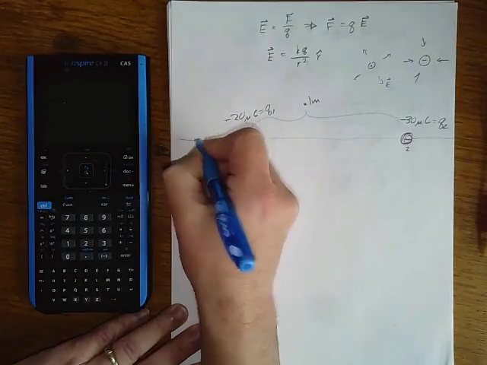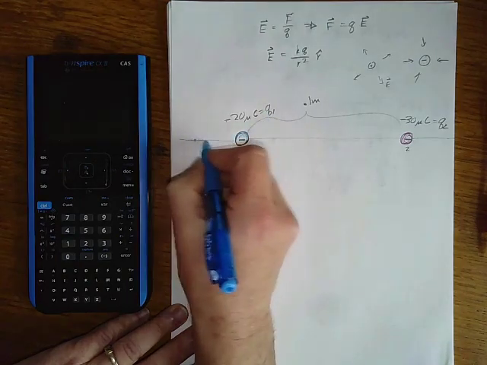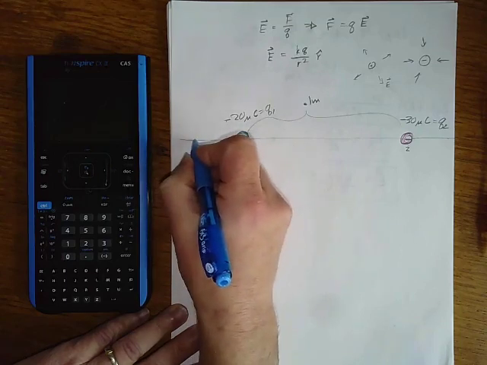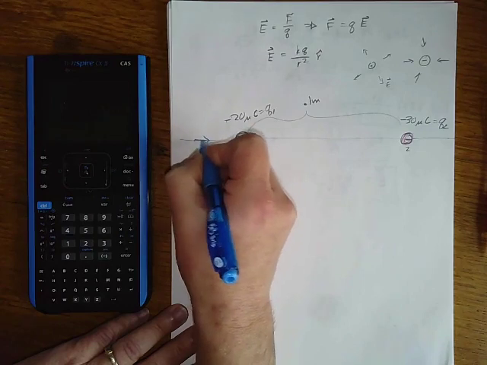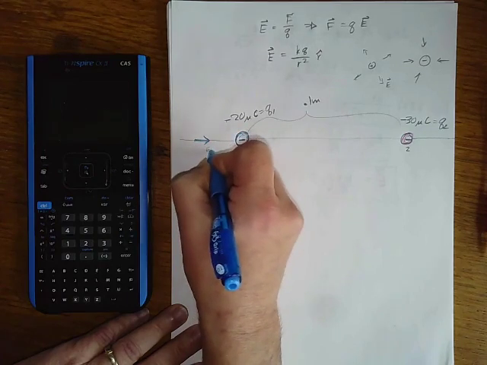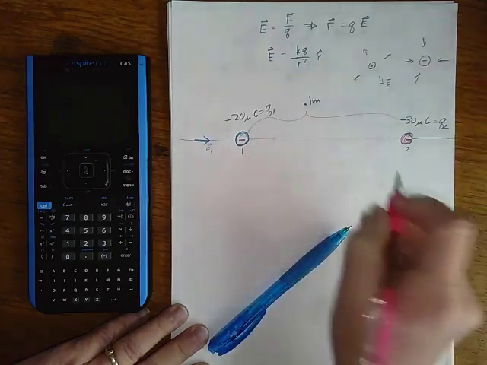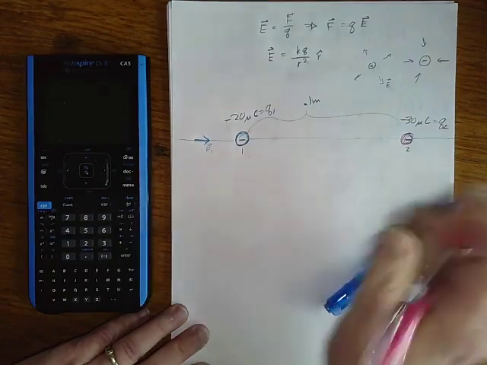So E1, the field from charge 1, what it causes at this point would be attractive towards charge 1, right? Because a positive charge would be pulled towards a negative charge. So E1 might be something like this over here. And then what would E2 be? Well, E2 is also from a negative charge, and it's pulling over there.